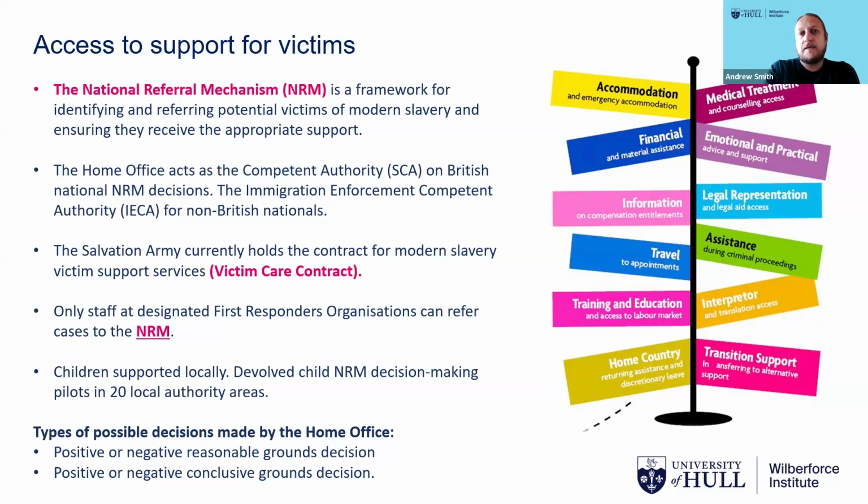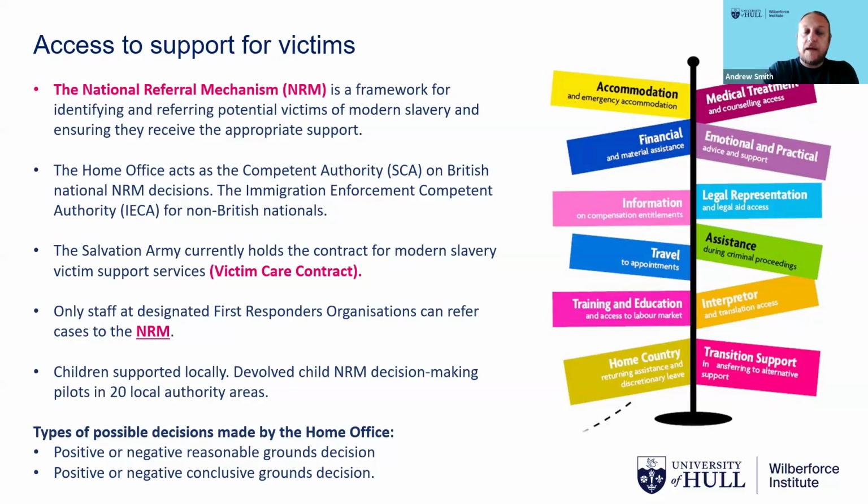So in Humberside, as an example, part of our partnership working is to ensure if an organisation that isn't a first responder comes across somebody they suspect is being exploited, one of our first responder partners can come in and do that referral with that adult or child to make sure that they get that support.